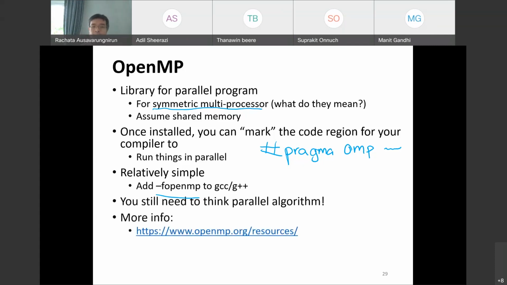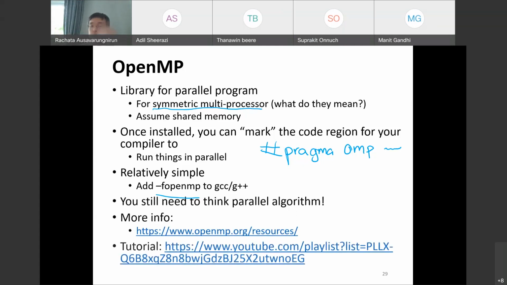For more information, you can go to openmp.org/resources. And inside that link, there's a tutorial. This is more on the actual exercise, organized by one of the senior scientists at Intel. They're working with the OpenMP organization to actually allow you to try.